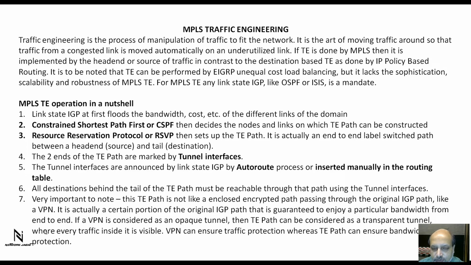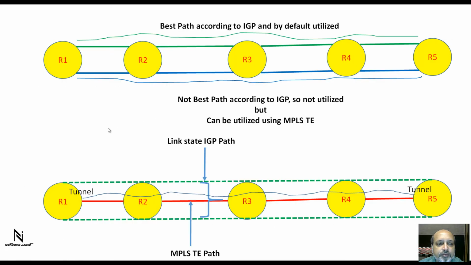If you see the next picture, say for example, these 4 routers are connected in a chain-like fashion, and between each router we have 2 sets of connections.